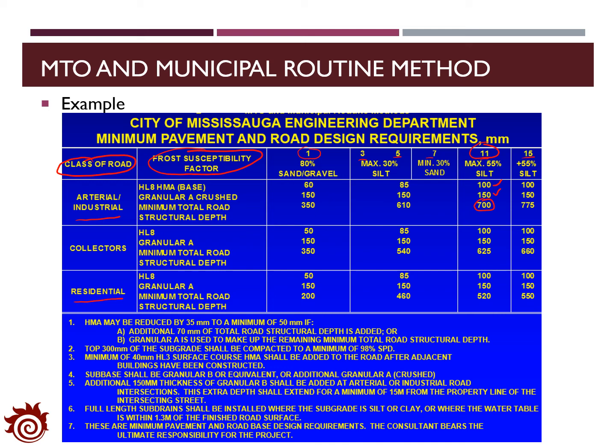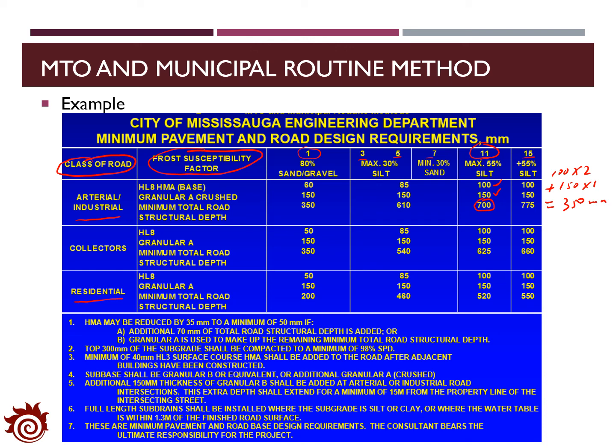With that, we can find out the equivalent depth for the HMA layer and the base layer as 100 times 2 plus 150 times 1, that is 350 millimeters.